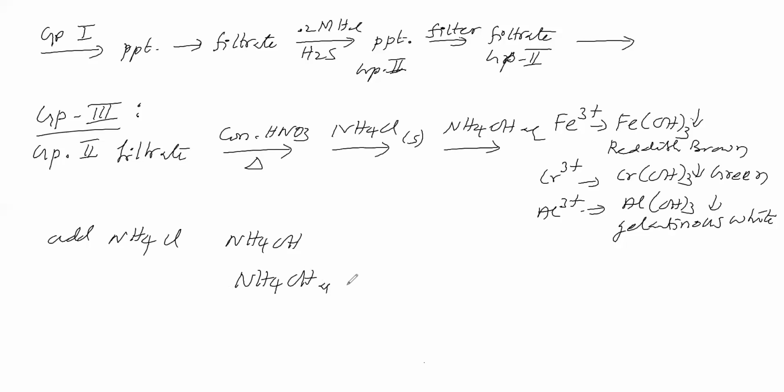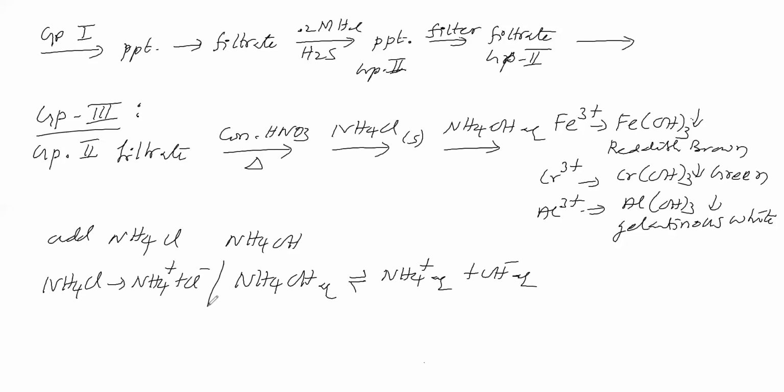It undergoes partial ionization to give ammonium ion and hydroxide ion. Ammonium chloride is a salt that undergoes complete ionization to give ammonium ions and chloride ions.